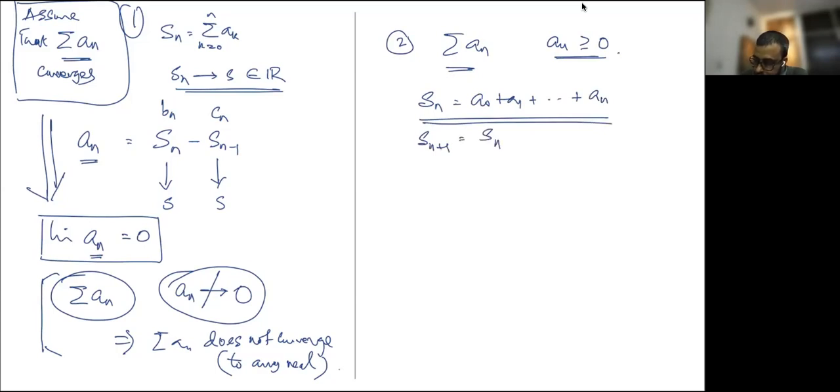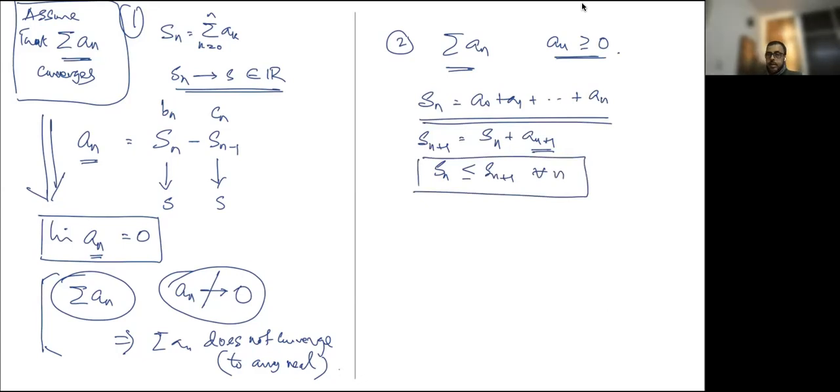Sn plus 1 is Sn plus the n plus 1th term, and this is non-negative. So the sequence of partial sums in this case is increasing. Okay, so in such a case, what do we know? We know quite a bit about its limit, right? Its behavior, the behavior of the sequence Sn.